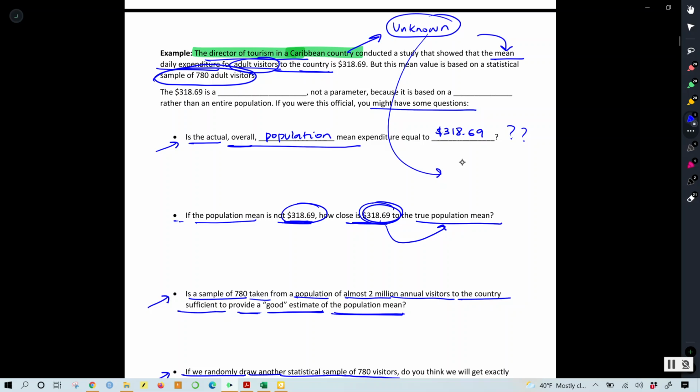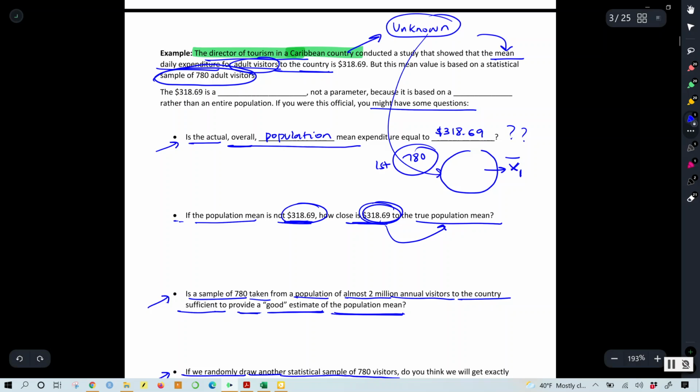So let's say that after I collected data from the first sample of 780 visitors, I added up all what they spent on average and I divided by 780. What I will get is an X bar. Well, I'm going to put a 1 here, which means the first sample mean gotten from this 780 adult visitors.